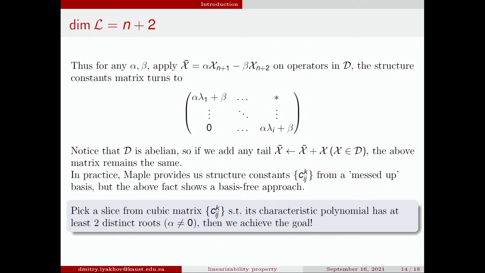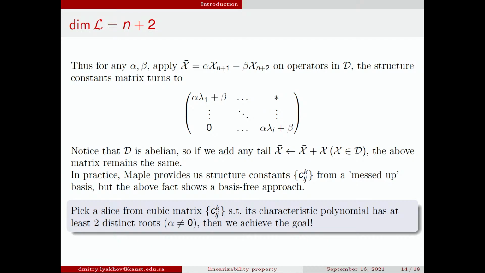But we need to know that in practice, if you apply some algorithm from Maple, they give us the structure constants C_ijk from a messed up basis, because the algorithm does not operate on the algebra itself. It operates on its determining system. So these constant coefficients actually change all the time if we change the initial data.